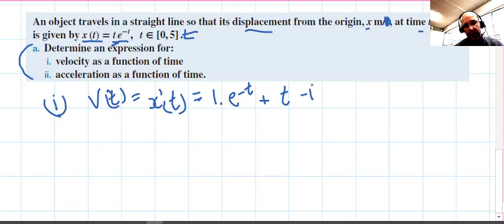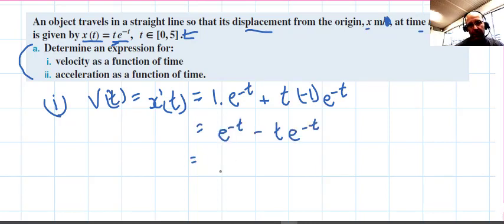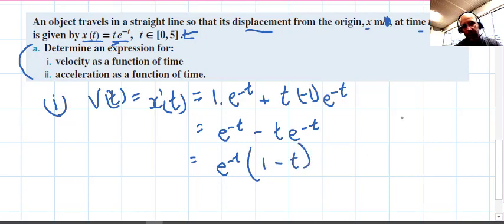So we've got negative 1 times e to the negative t, in our product rule. After we get that line there, simplifying, we can factorize, and there is a factor of e to the negative t common to both terms. It'd be e to the negative t times 1 minus t.